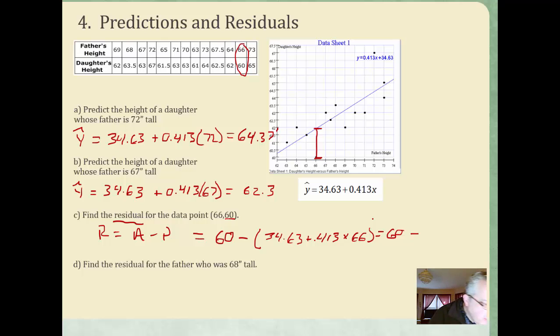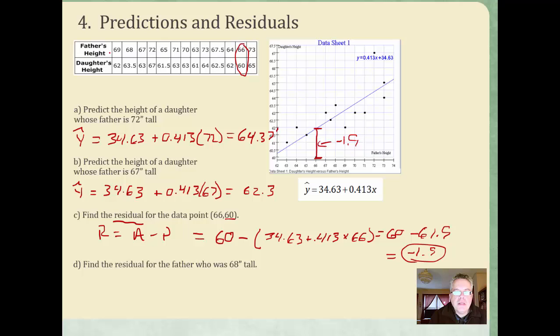I come up with something terribly wrong here, so let me try again. 34.63 plus 0.413 times 66. I come up with 61.9 approximately. And if you subtract those, you get negative 1.9. Okay, that's what this value is here. This is negative 1.9. And it's negative because it's below the graph. Okay, so find the residual of a father who's 68 inches tall.